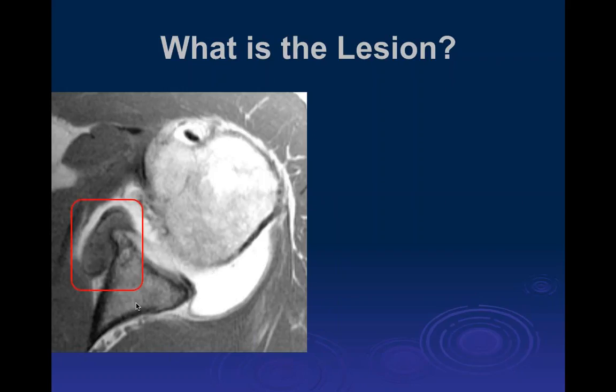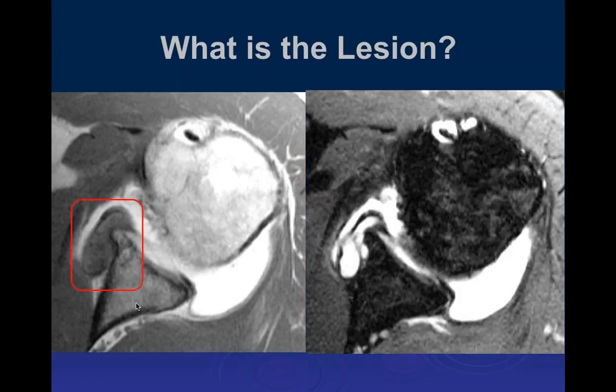As this seems to be an arthrogram, there doesn't seem to be contrast extending into this lesion. So now we've got a fluid-sensitive sequence, and it's of fluid signal. So I guess this could be a labral cyst.